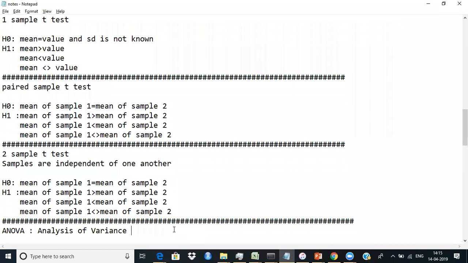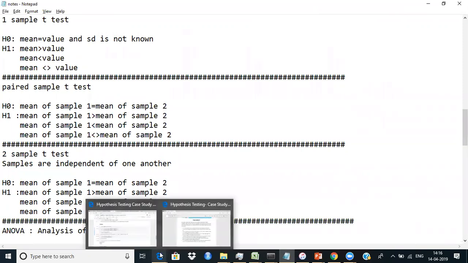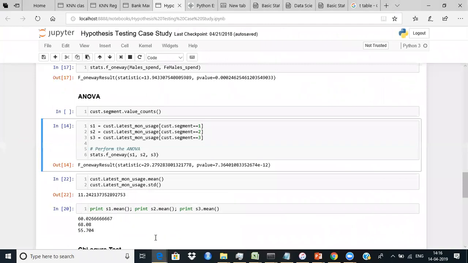Sir, I have a question. In the Python code for ANOVA, you are writing one way, right? Actually, I went for an interview last month, and they asked me what the difference is between one way ANOVA and two way ANOVA, and how to write the code. Can you just give me an idea of how to identify whether I have to use one way ANOVA or two way ANOVA?